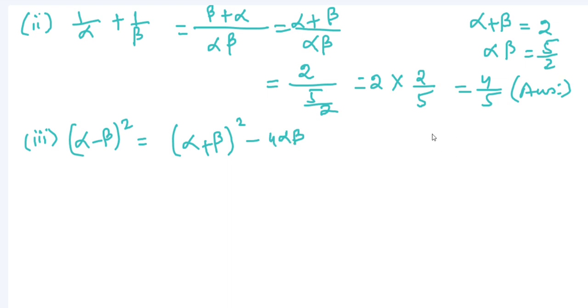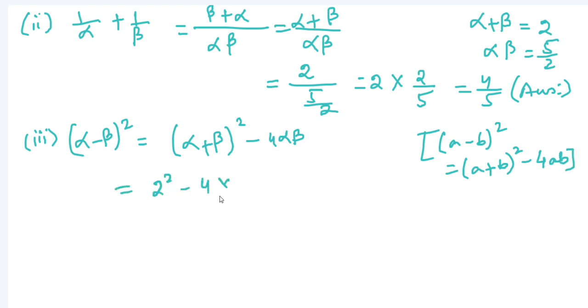Here also we are applying the identity, that is a minus b whole square equal to a plus b whole square minus 4ab. That identity we have applied. So now let us put the value: 2 square minus 4 into 5 by 2. So this is 4 minus 10, which is coming minus 6.